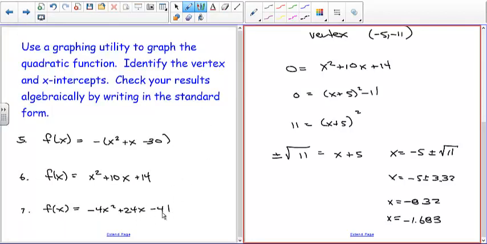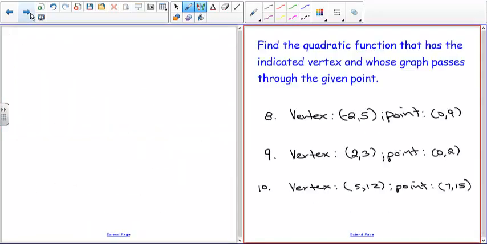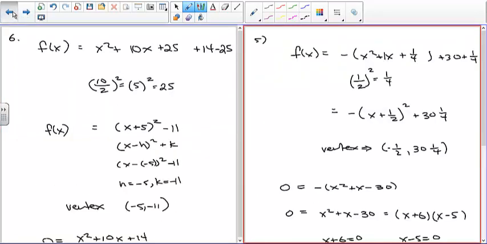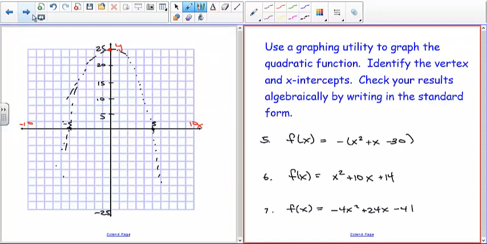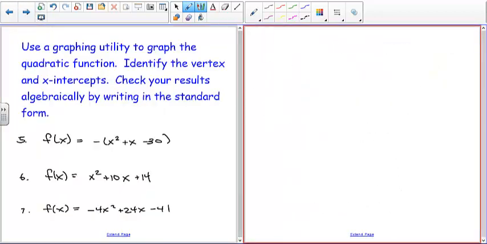On to the next one. So this is the last one in this group, I think. Let's see what's next. So this one's a little more tricky, but same basic idea. You've got f of x equals negative 4x squared plus 24x minus 41.